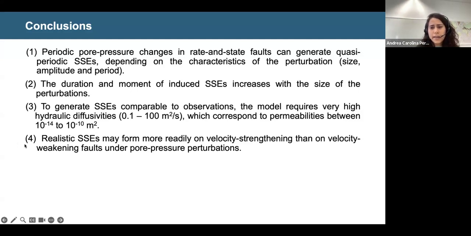And at least from our exploration of this one-way coupling, we found that this type of pore pressure perturbation seems to be more effective for velocity strengthening faults than for velocity weakening faults.